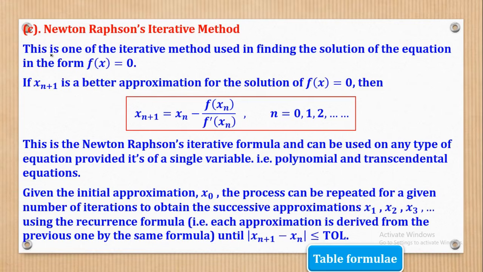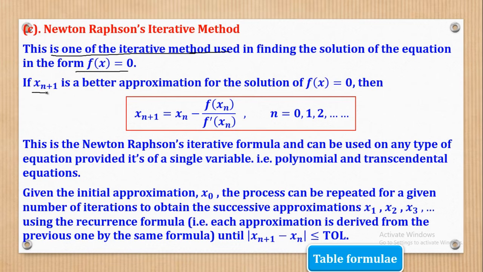So Newton-Raphson method is one of the iterative methods. Remember we saw that the methods are 1 Newton-Raphson method, 2 general form iterative method, and 3 linear interpolation. So Newton-Raphson is one of the iterative methods used in finding the solution of an equation in the form f(x) equal to 0.